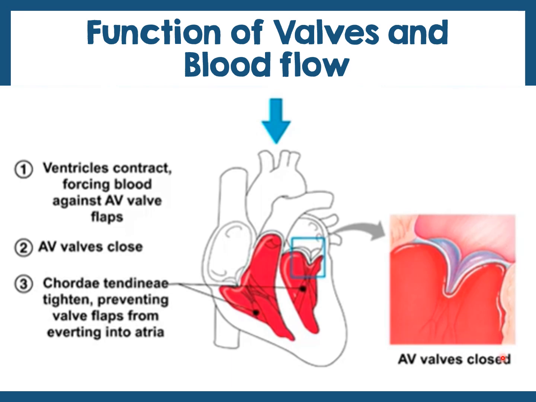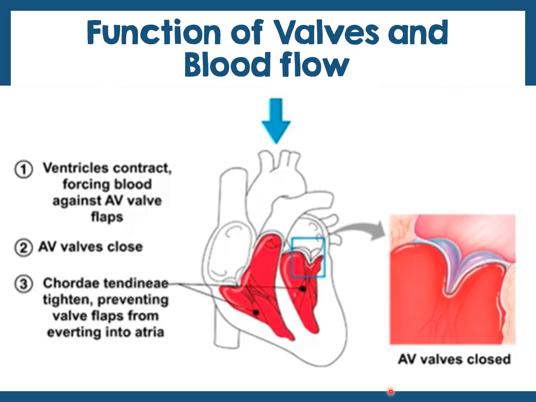The mitral valve, the bicuspid valve, though, they've got that chordae tendineae. So even though blood's pushing hard against those valves, the cords are also being pulled. Because they're attached to the papillary muscles, the papillary muscles are also contracting and pulling those cords, preventing the valves from opening. So no blood can get back up into the atria.